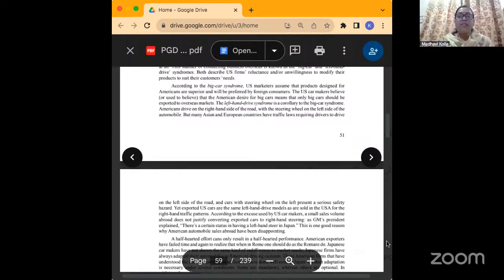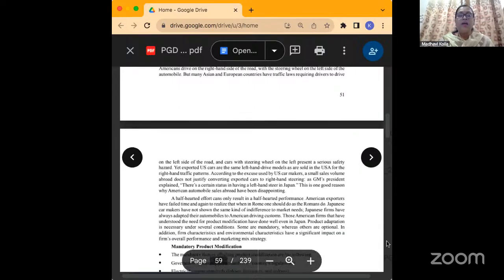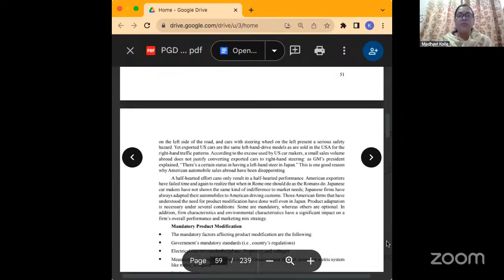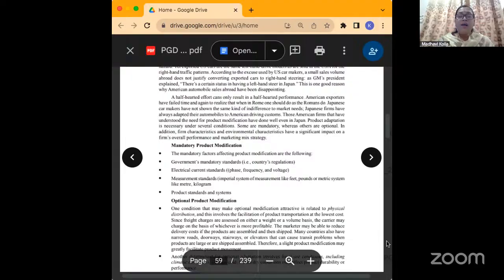So Americans drive on the right side of the road, and the steering wheel is on the left side of the automobile. But many Asian and European countries have a reverse system. So this is where the left-hand, right-hand syndrome has to be understood. A half-hearted effort will actually result in a half-hearted performance also.